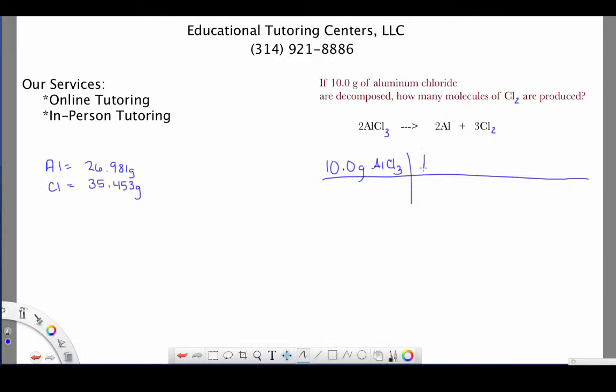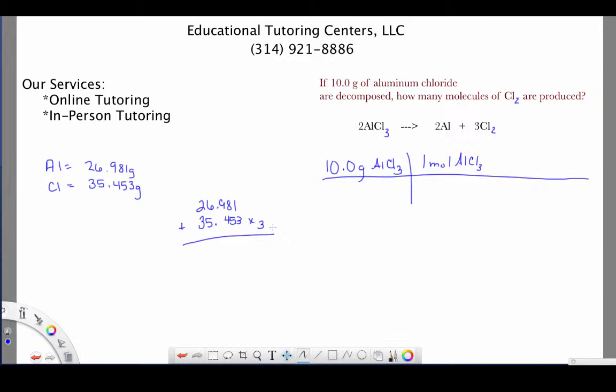Okay, so let's look at this problem. We're going to set up the mole mass ratio, which is 1 mole of aluminum chloride. And we'll look at the weight of that. We see that aluminum is 26.981. And we have 3 of these chlorines, which will be 35.453, and there's 3 of those. So we're going to add those up.